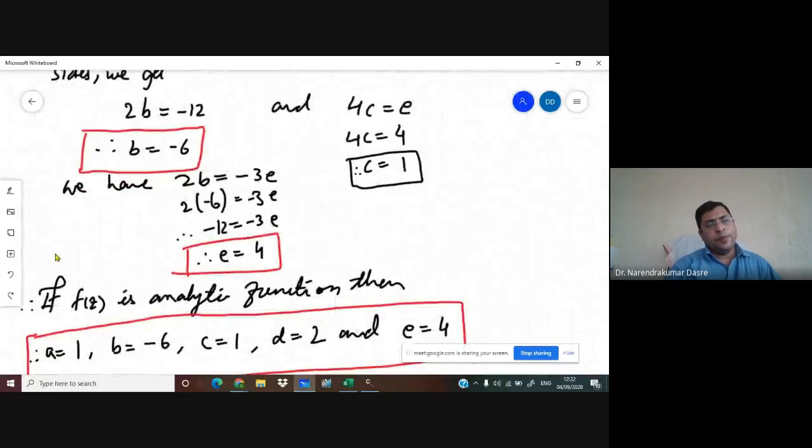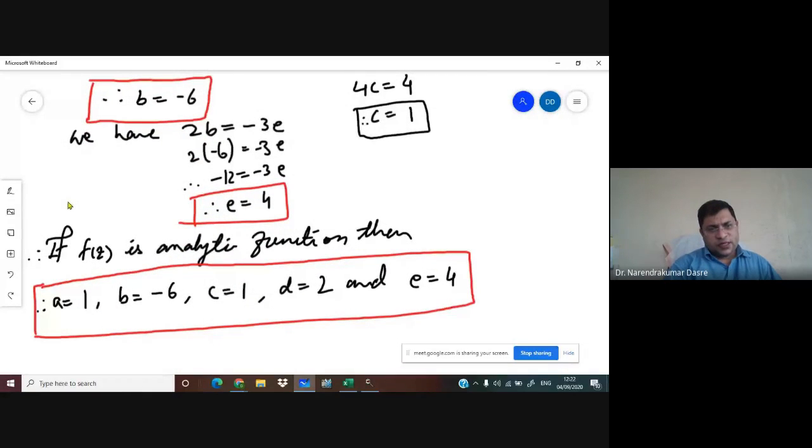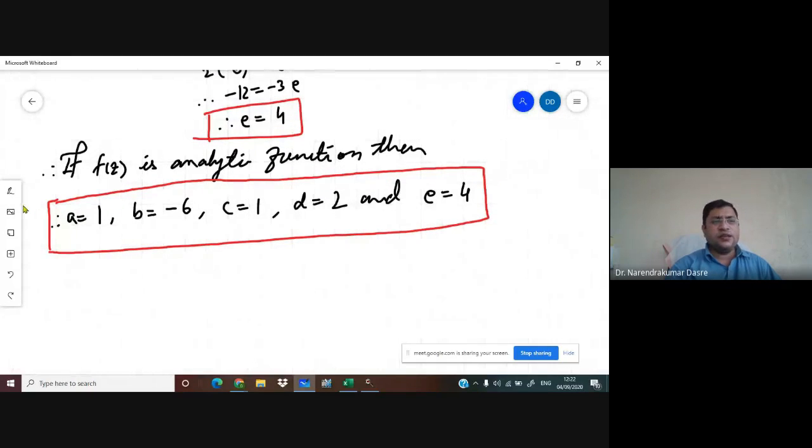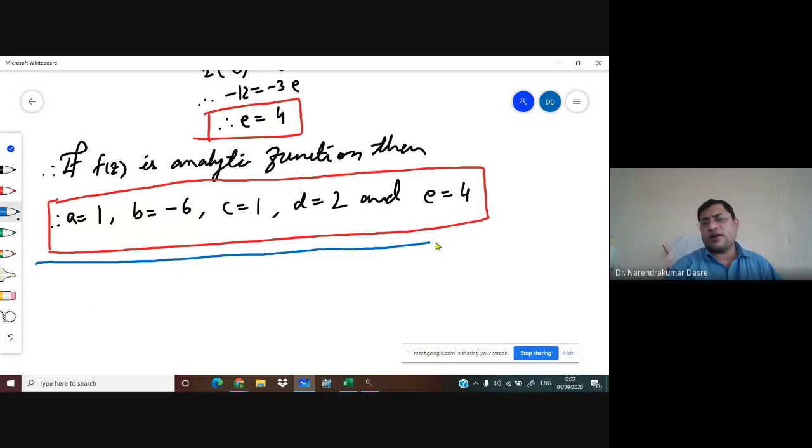So we can say the function f of z is analytic if and only if it satisfies the CR equations and the first order partial derivatives are continuous. So if the function is analytic, then u and v will satisfy the CR equations and the first order derivatives will be continuous.